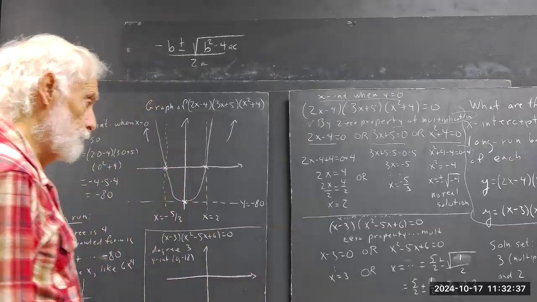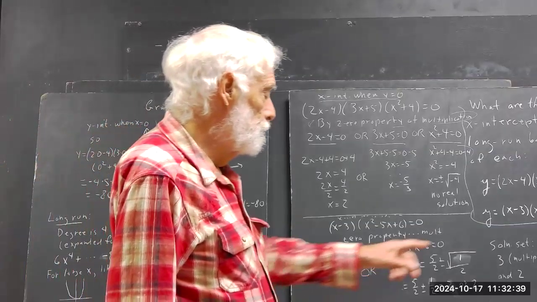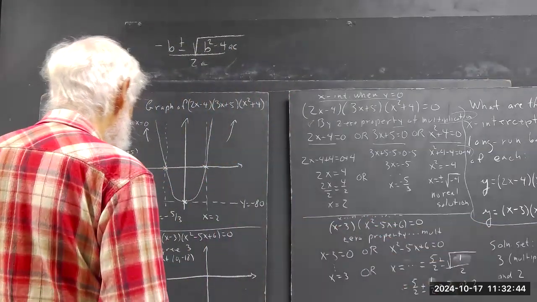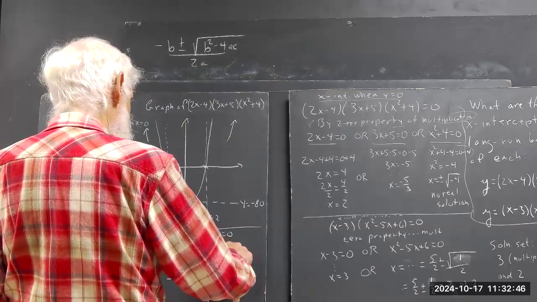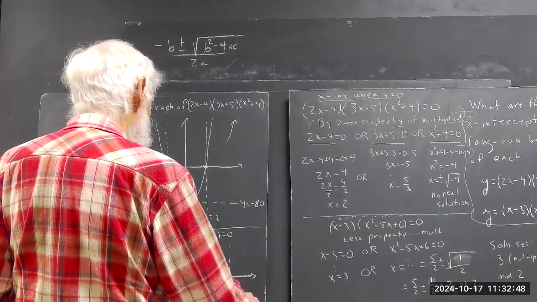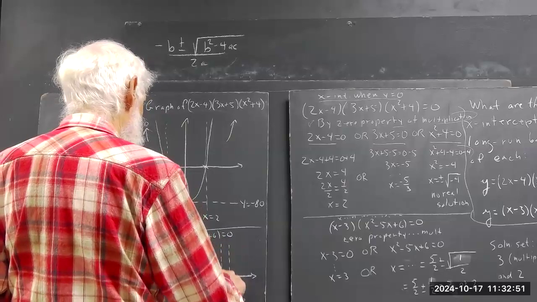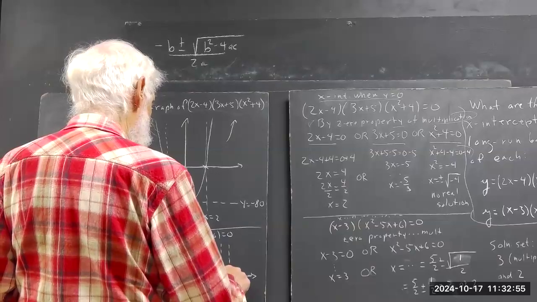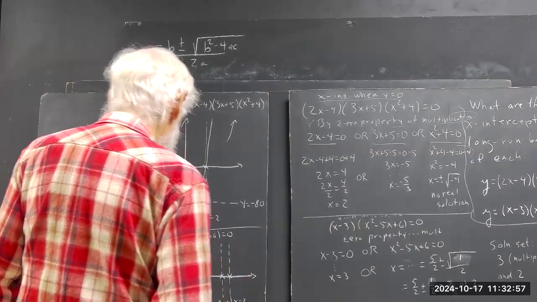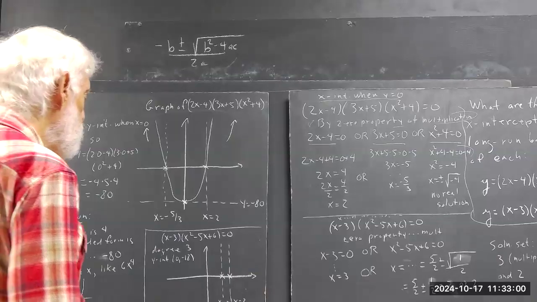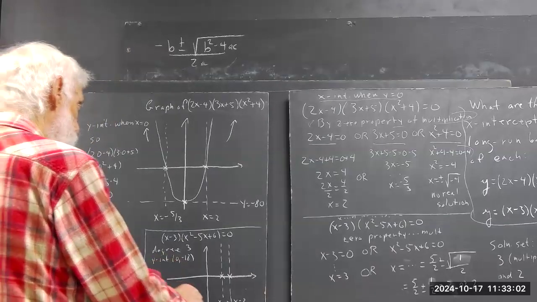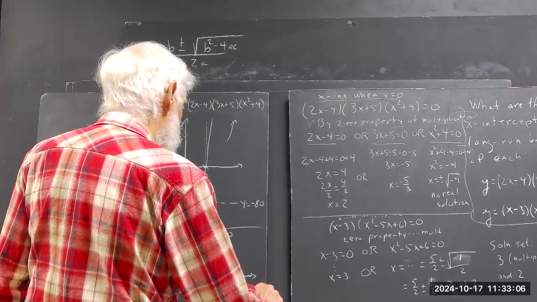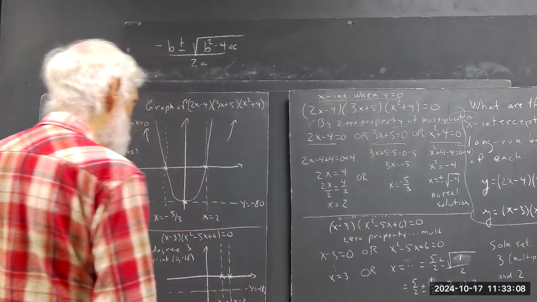Now our x-intercepts are 3 and 2. We've got to go through the x-axis here and here. We go through the y-axis at negative 18. I'll just put y equals negative 18 here.